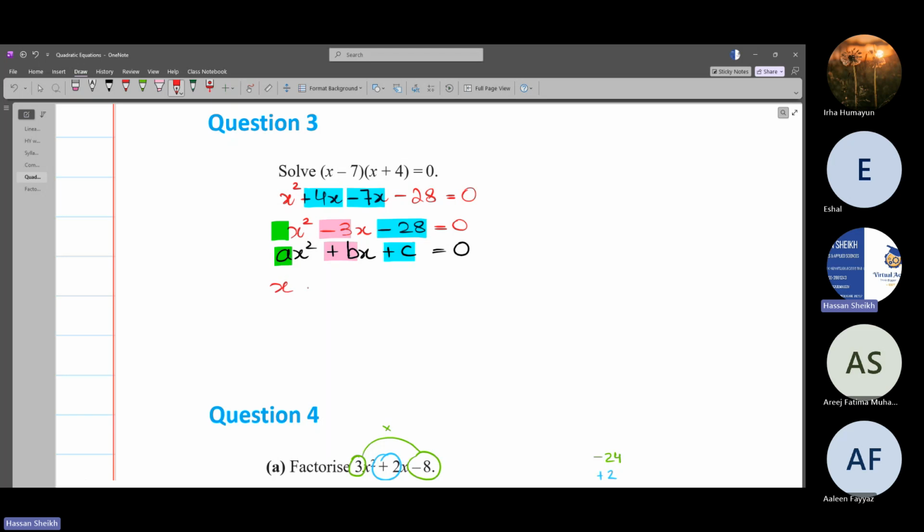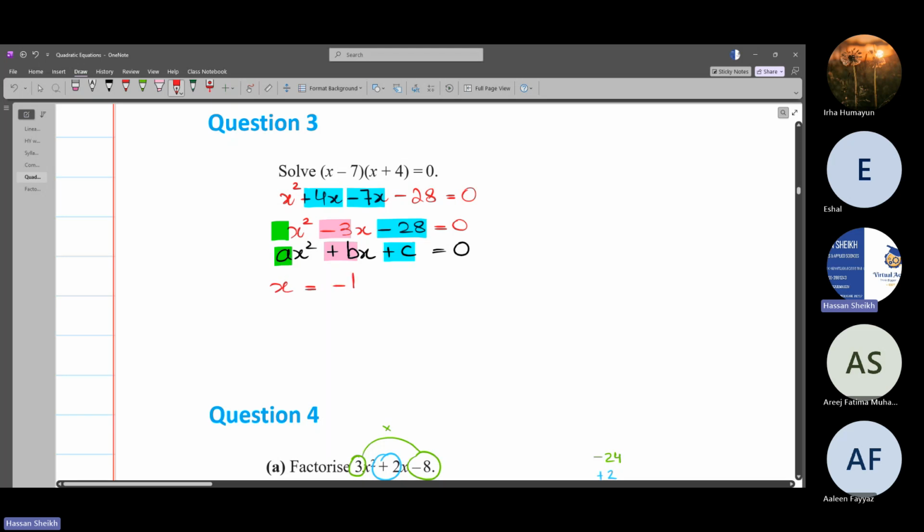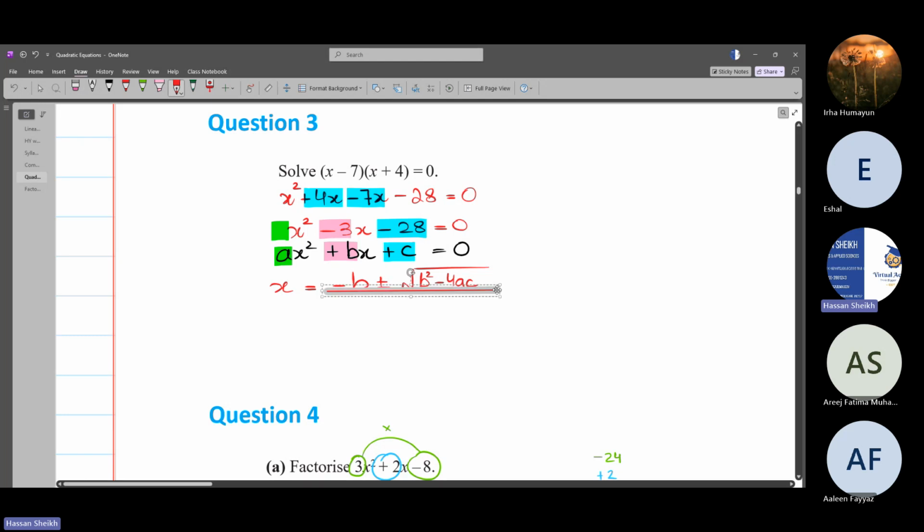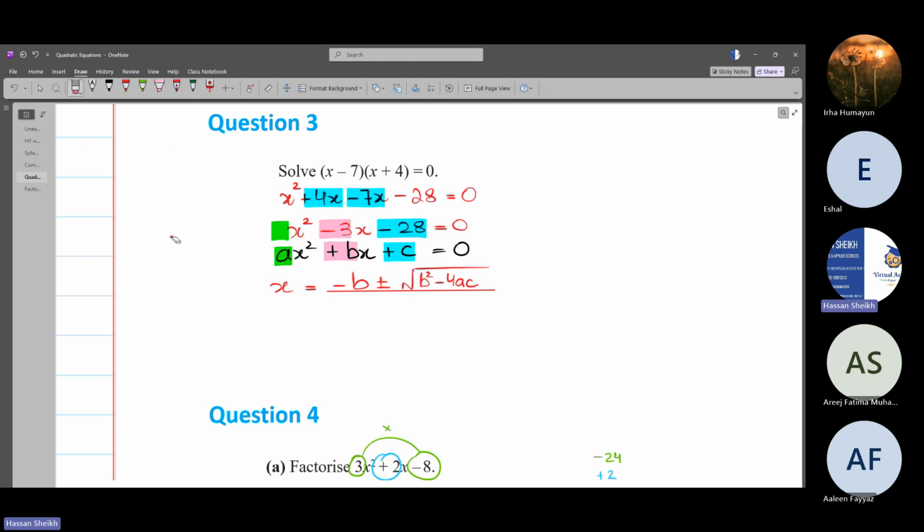And now we write the formula. These are the steps that you must follow. If you miss any of the steps, they will deduct your marks. So first of all, write it in a standard form. Next, find out the values of A, B, and C. Next, put them in the formula. First write the formula and then substitute the values.